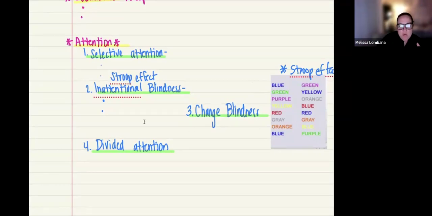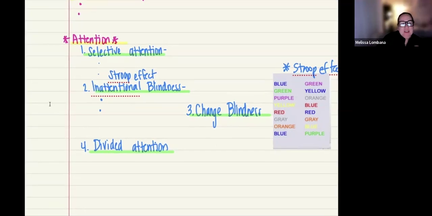Now, we also have what's called change blindness, which magicians use all the time. Oh, I'm sorry, hold on, let me go back. Inattentional blindness is our failure to detect an unexpected event when our attention is engaged by a task.